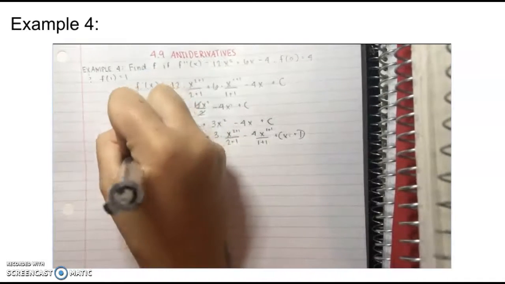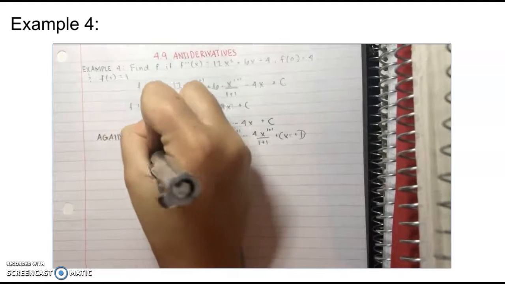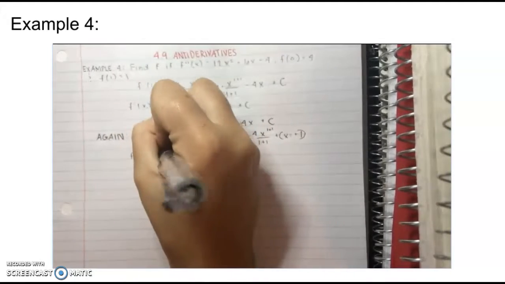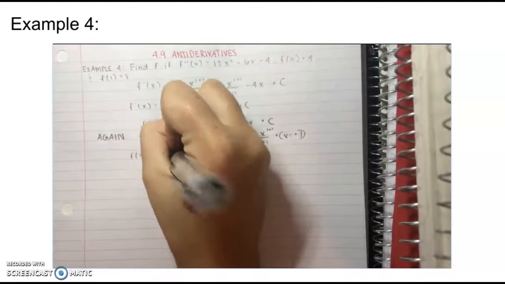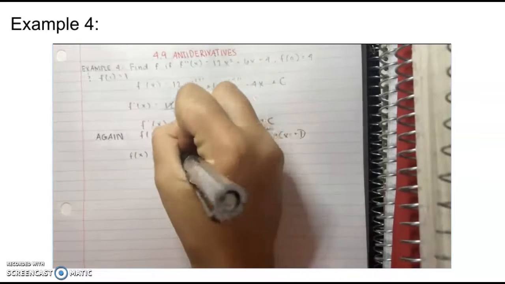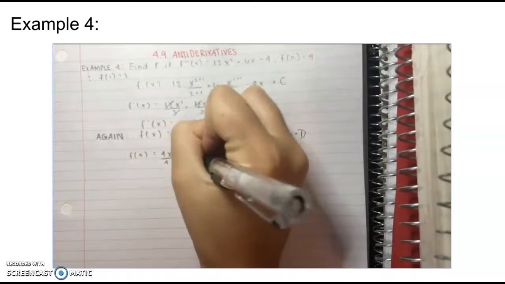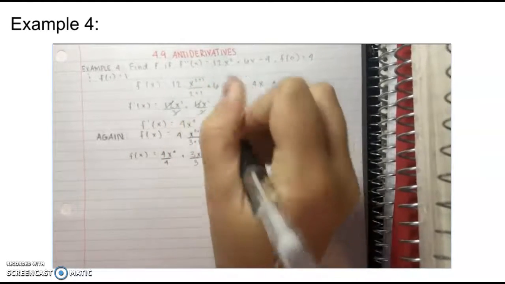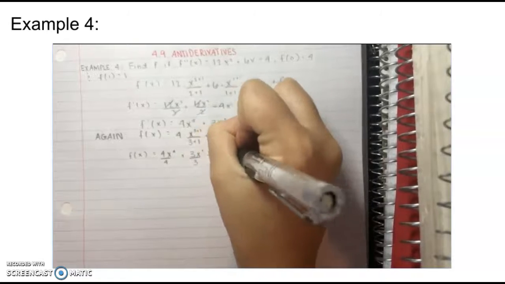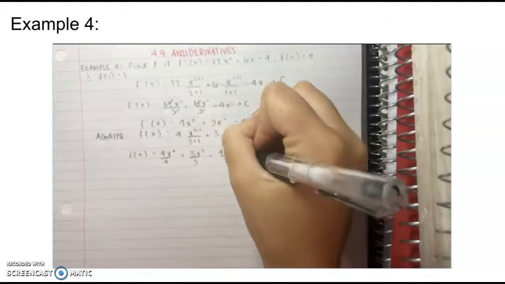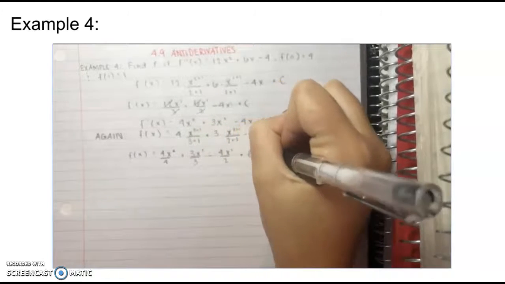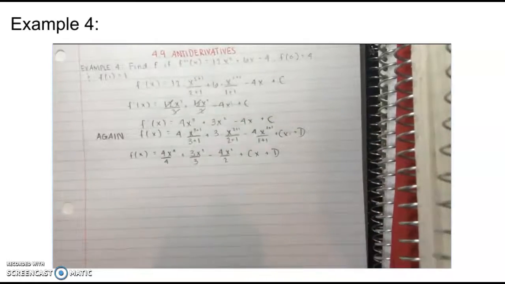So cleaning this up, we'll have f of x equals 4x to the 4th over 4 plus 3x cubed over 3 minus 4x squared over 2 plus cx plus d, our new constant.